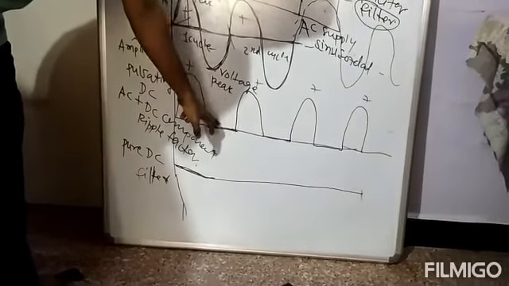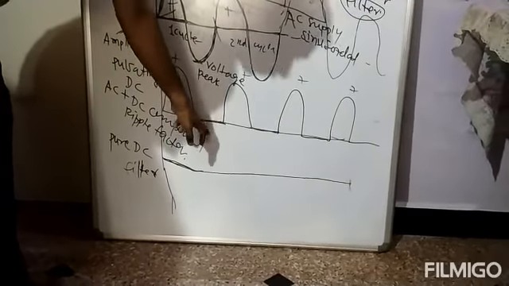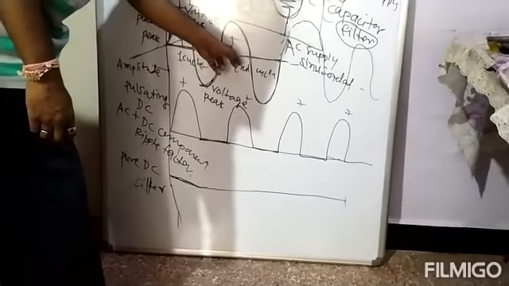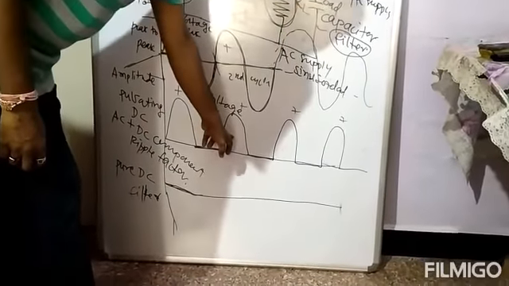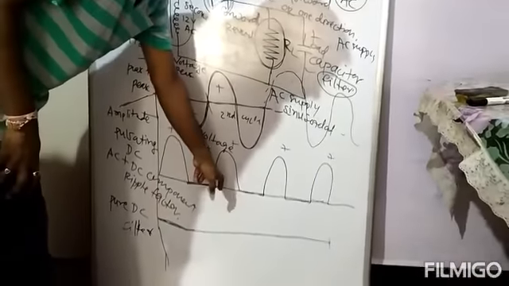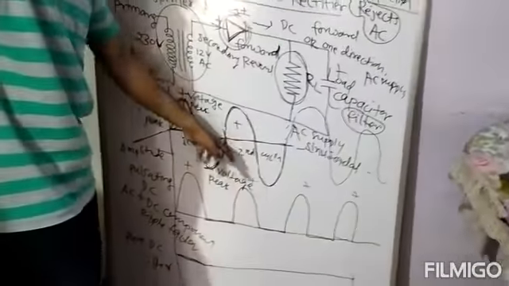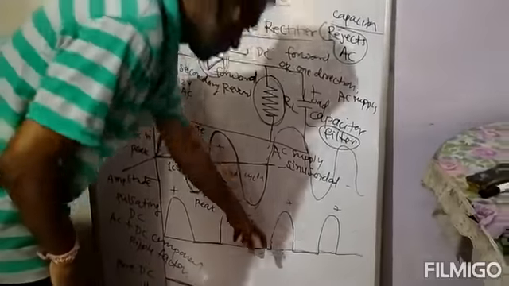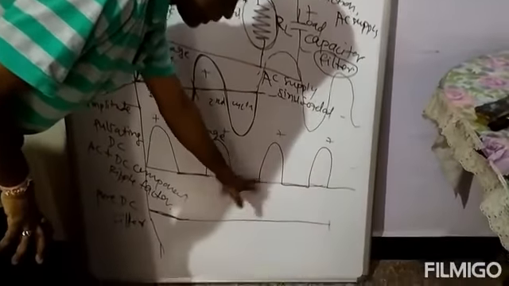So here there is no waveform, not positive, not negative. Whenever we go to the second positive half cycle, again the diode goes to the forward direction, hence there is conduction. Again for a negative half cycle, the diode goes to the reverse direction, hence no conduction.